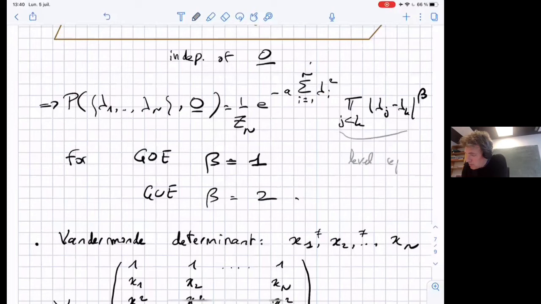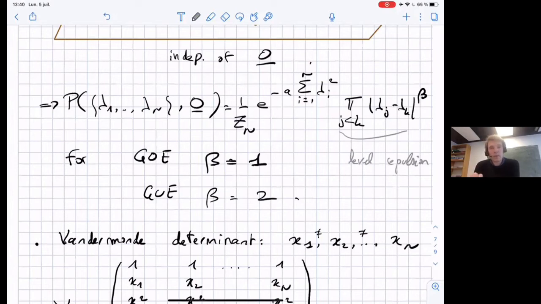This is something that you can already easily compute. You can look at n equals 2, for instance, and do this. It has nothing to do with the large n properties. It's really related to what I was mentioning a little bit before, in answer to this question, that the probability that two eigenvalues exactly coincide actually goes to 0. So there is some repulsion, and in some sense, physically, this is somewhat reminiscent of fermions.